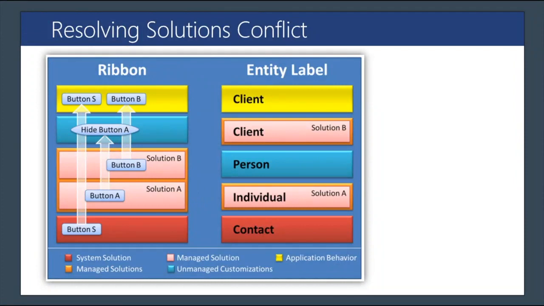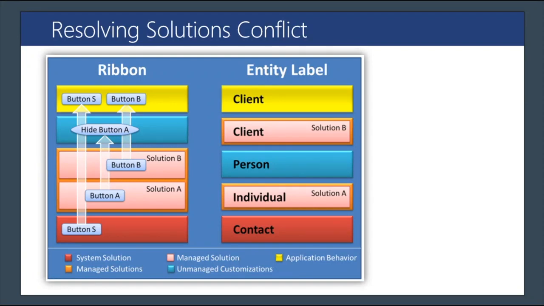So what you want to make sure when you're dealing with conflicts in the resolution layer here, you can see that there's a customization or configuration of a button in the system solution. Then you have managed solution A, and that has a button that it contains. Then you have managed solution B that also contains a button.